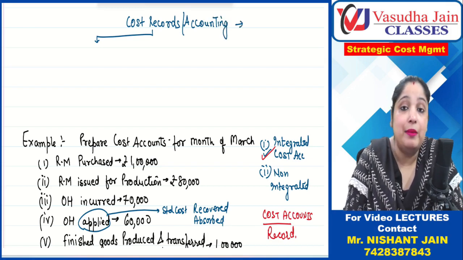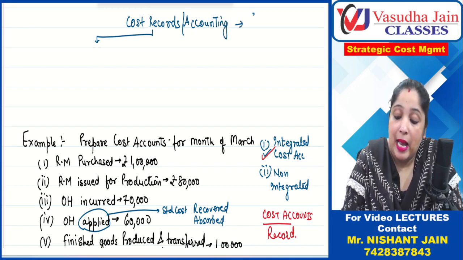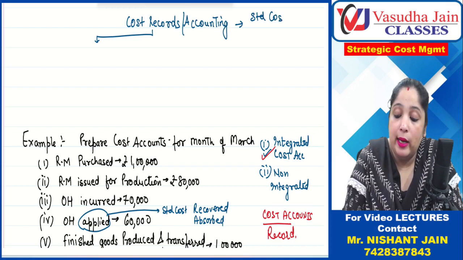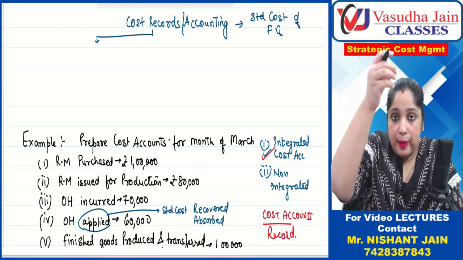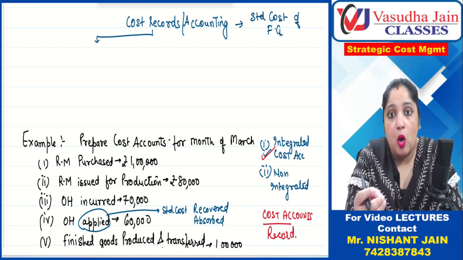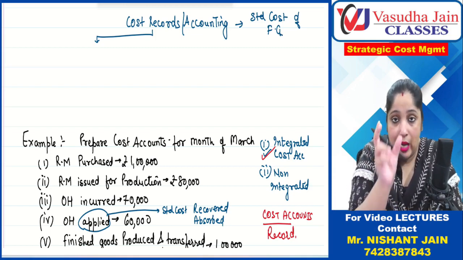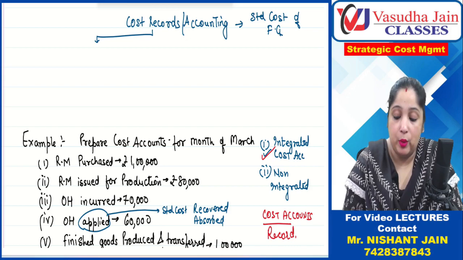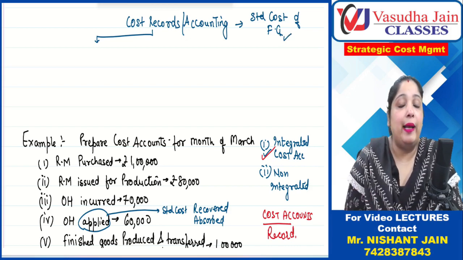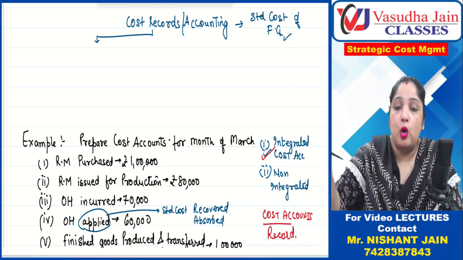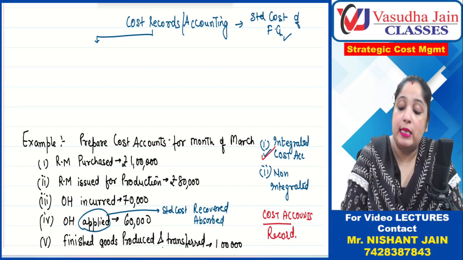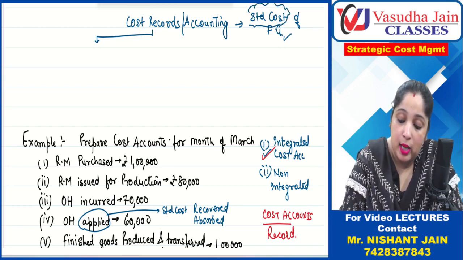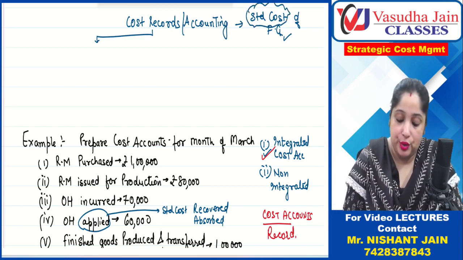Cost accounting basically implies finding out the standard cost of finished goods. When you prepare a cost sheet also, the cost of goods sold which is arrived at is your standard cost only. So basically the purpose is to find out, for the goods which have been sold or manufactured, what is their standard cost. For that purpose, we are making cost records.